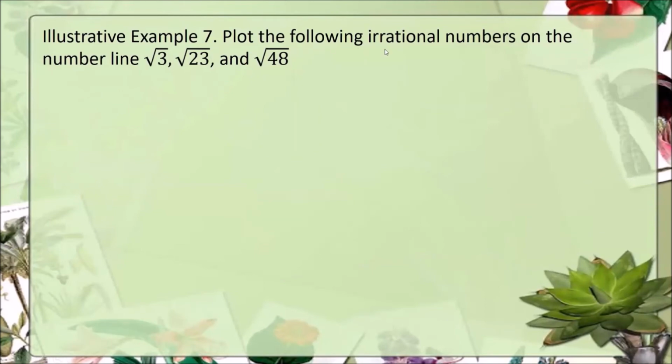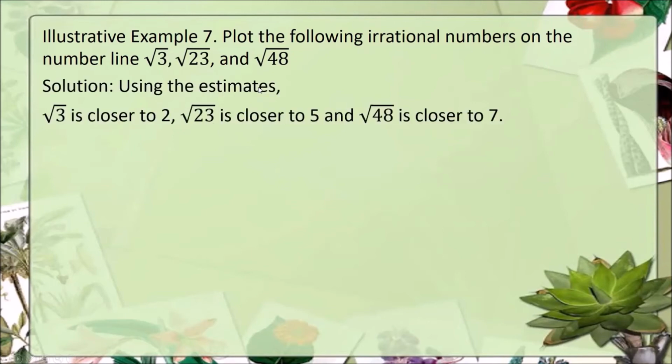Example, plot the following irrational numbers on the number line: square root of 3, square root of 23, and square root of 48. So let us find the possible value or estimate value of the three irrational numbers or square roots.